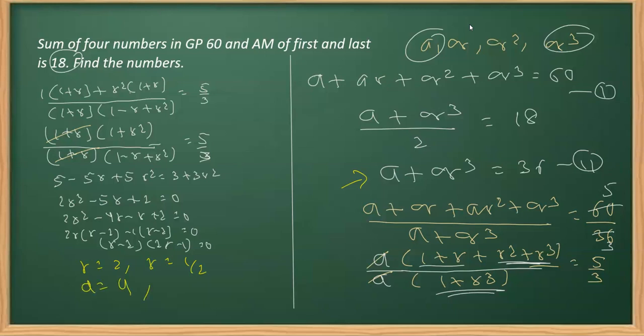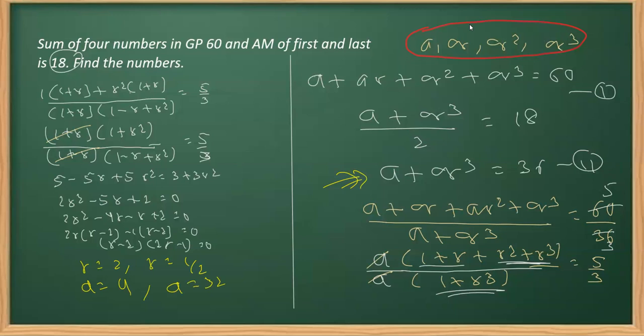And on placing R as half, I'm getting A as 32. Now simply you have to place these values of R and A over this to get the final answer.